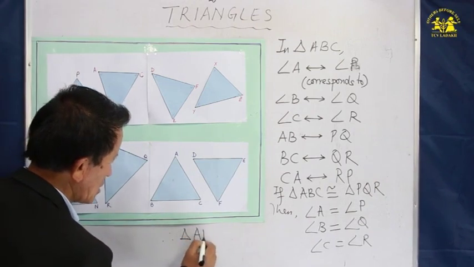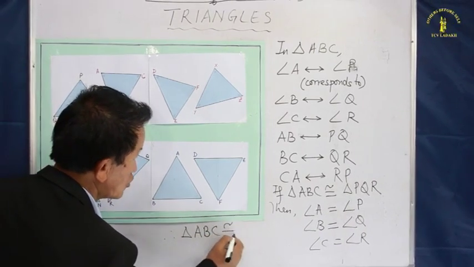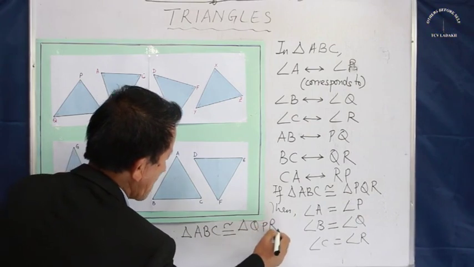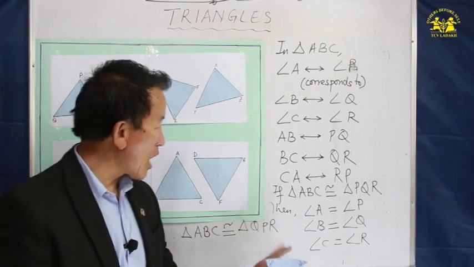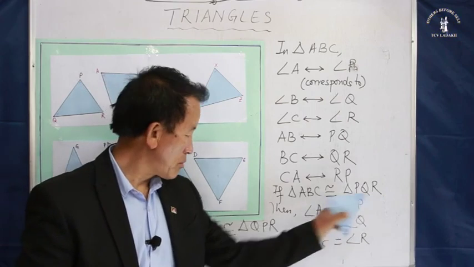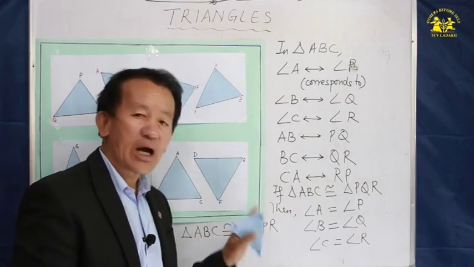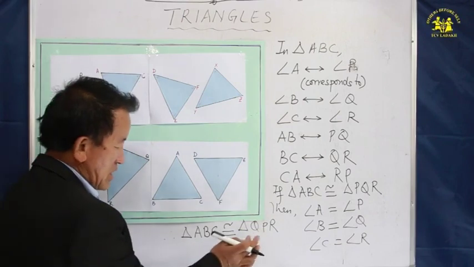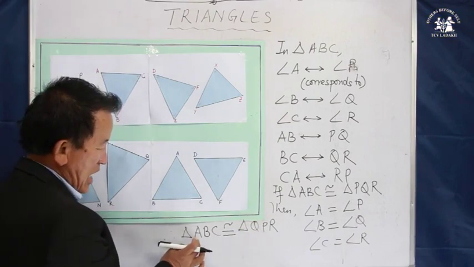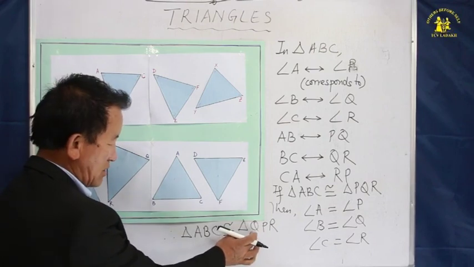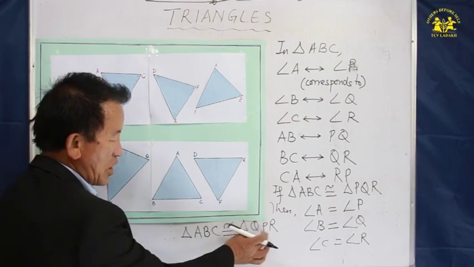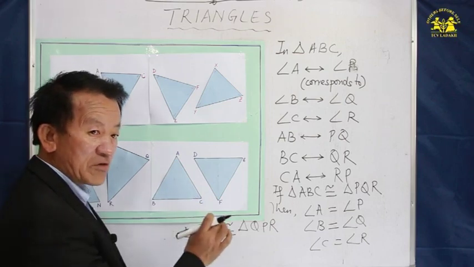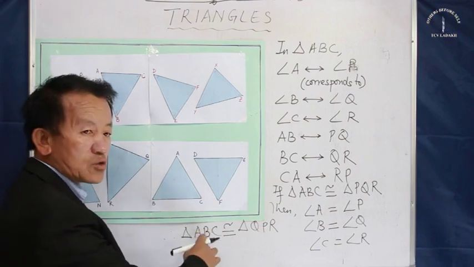Now if I write, since triangle ABC is congruent to triangle PQR, if I write like this, triangle ABC is congruent to triangle QPR. Of course, triangle PQR and triangle QPR are exactly the same, but since angle A and angle Q are not corresponding, angle B and angle P are not corresponding, this is not the proper way of writing the name of the triangle in the case of showing that two triangles are congruent.